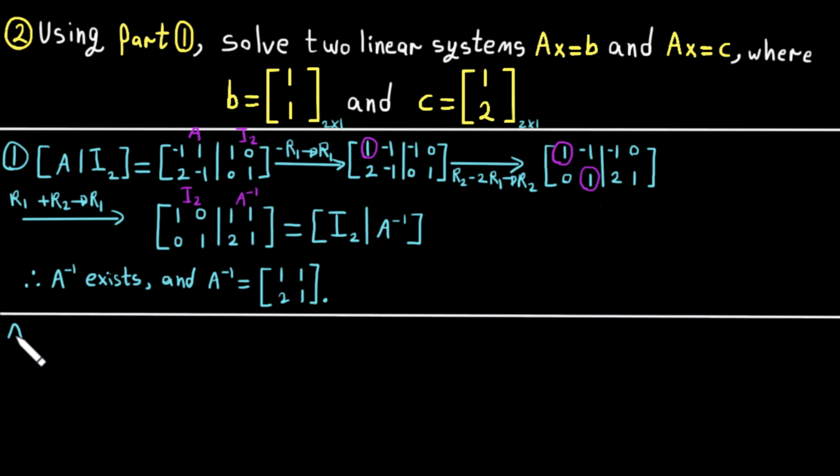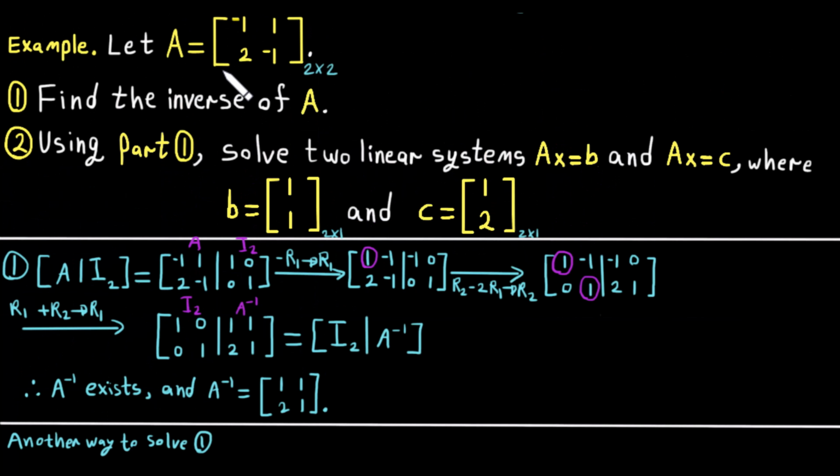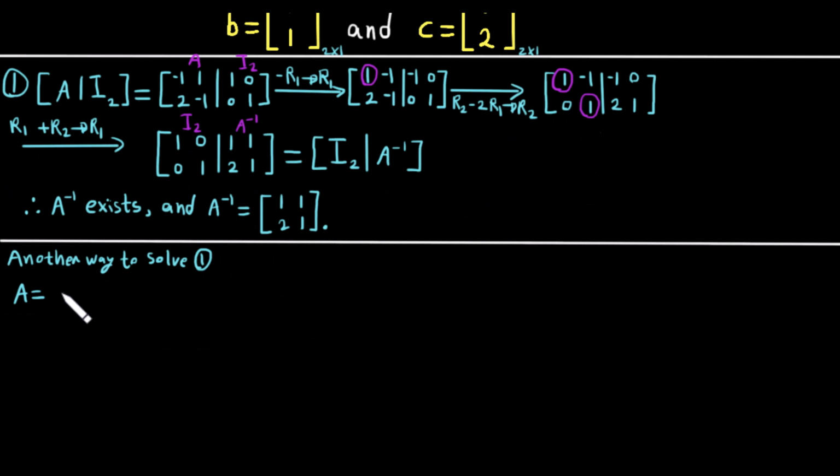Now another way to solve 1. Here we have at the beginning A equal, which is this one, negative 1, 1, 2, negative 1, negative 1, 1, 2, negative 1.